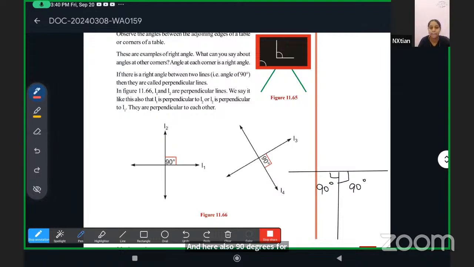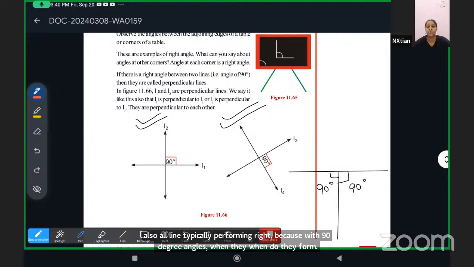Ma'am, X also? Yes, X also here, or a plus sign also. All 90-degree angles are forming, right? When do 90-degree angles form? When it is like a straight line they form this.